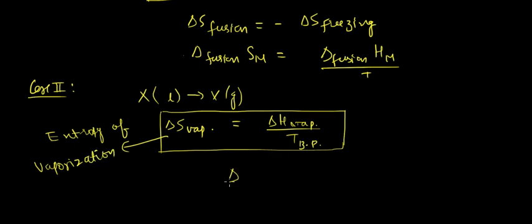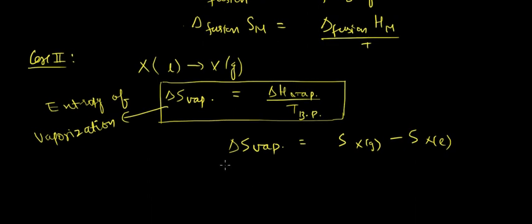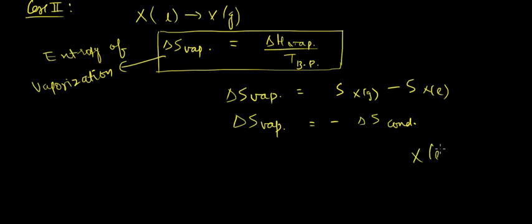We can also write that delta S of vaporization would be equal to S of Xg minus S of Xl, and similarly delta S of vaporization would be negative of delta S of condensation. Condensation is the reversal of this reaction in which Xg converts into Xl, and Xl and Xg both phases are in equilibrium at boiling point.